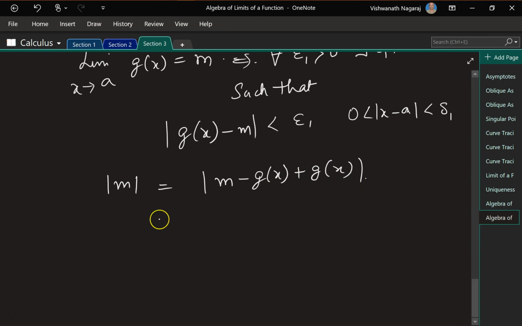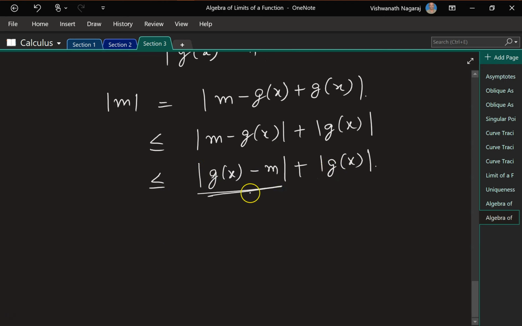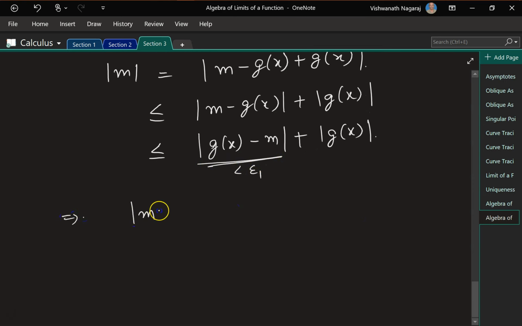Now let's split this up. So we can say this is less than or equal to |m - g(x)| + |g(x)|. And remember, since we are talking of absolute values, it doesn't matter in which order we do the operations, right? So we can rearrange this plus |g(x)|. What is this? This is less than epsilon 1. So this implies |m| is less than or equal to epsilon 1 plus |g(x)|.